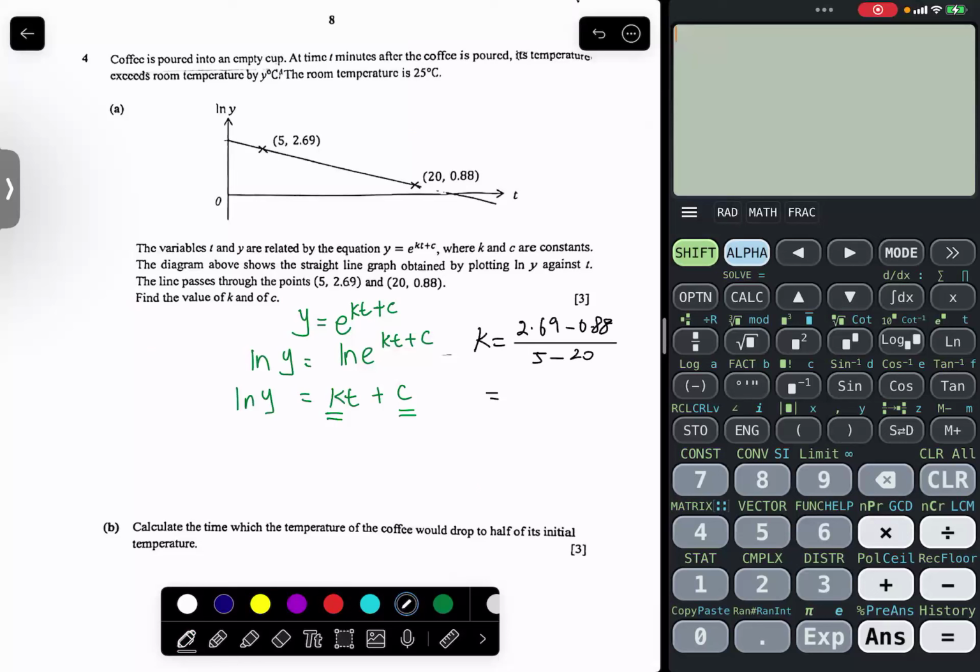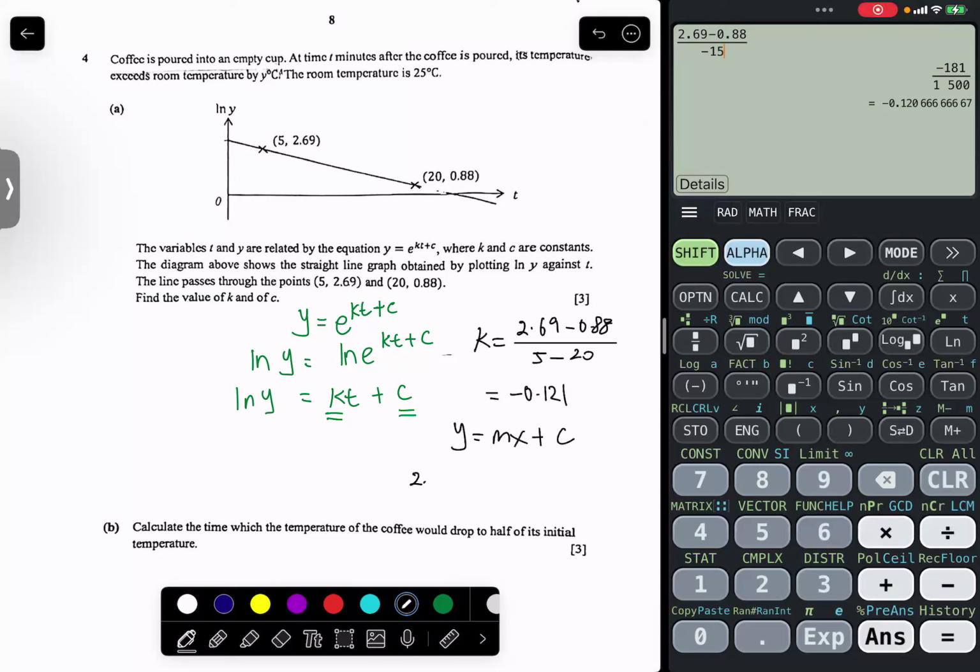Okay, so 2.69 minus 0.88 divided by negative 15. So negative 0.121. Okay, so c: y equals mx plus c, right?